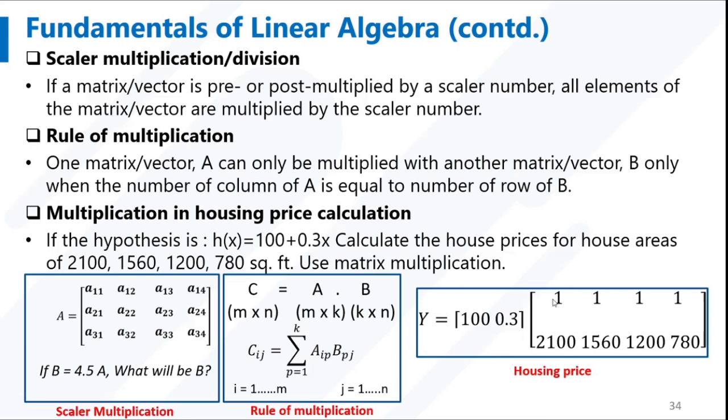So 100 multiplied by 1 plus 0.3 multiplied by 2100. Similarly, for this column, 100 multiplied by 1 and 0.3 multiplied by 1560. Similarly, others. So you will get 4 elements of cost or prices if you multiply these two matrices. And the prices will be arranged in a vector form, that means in a column. So every element in the column represents the price corresponding to that particular square feet.